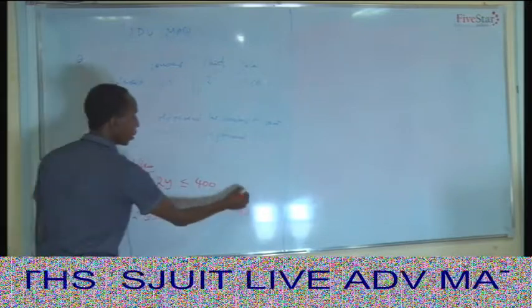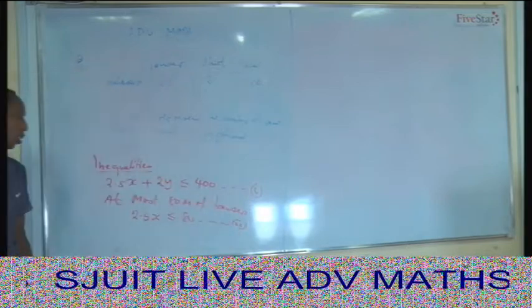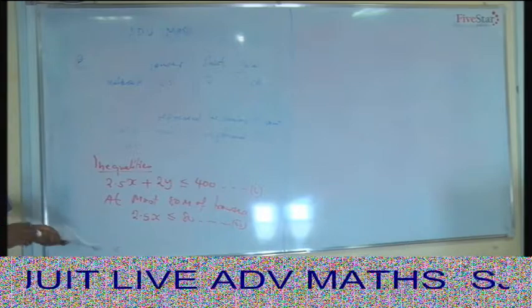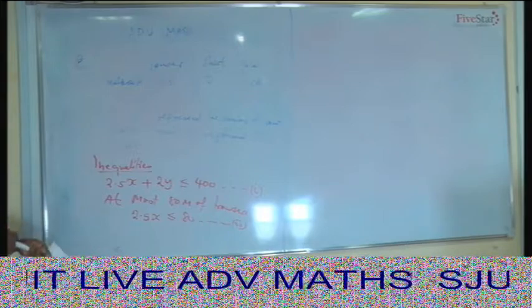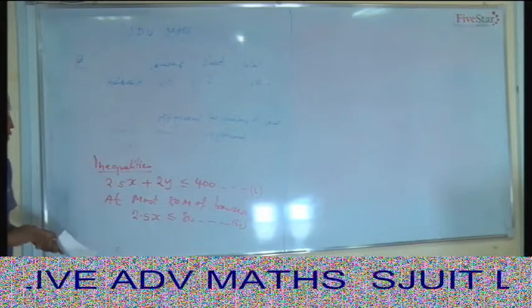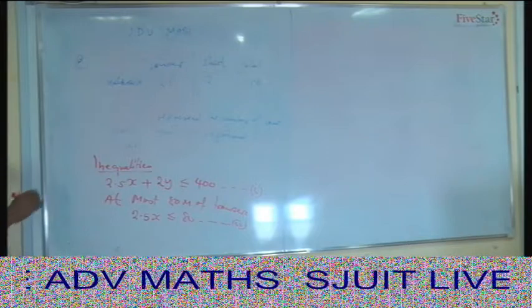We can call this our second inequality. In linear programming, at most means that is the maximum unit of the material required for production, so we use less or equal to.